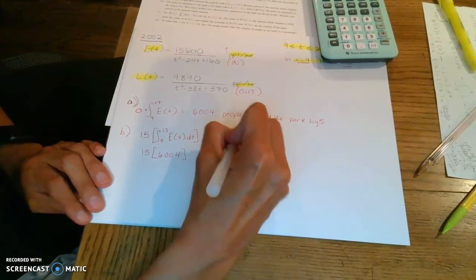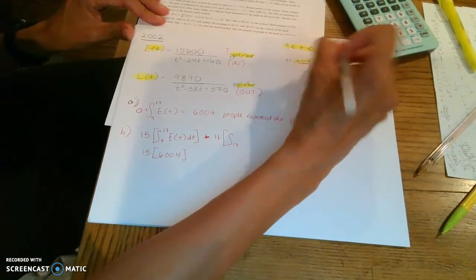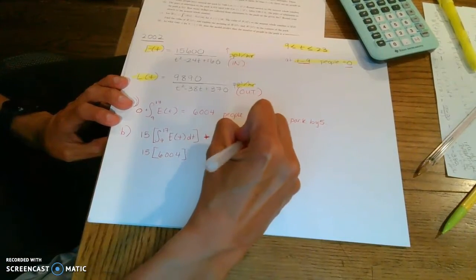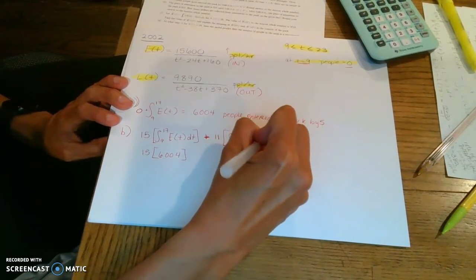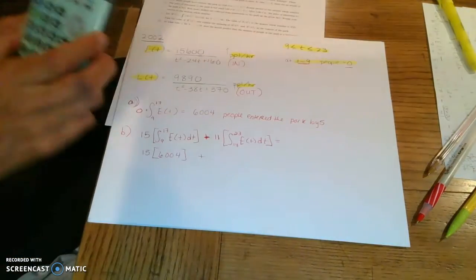So it's from 17 to what time? Well, they told me that the park is open in hours to t equals 23, so I'm going to put 23 as the upper bound of E of t dt, and I would do that whole expression in the calculator in one shot.